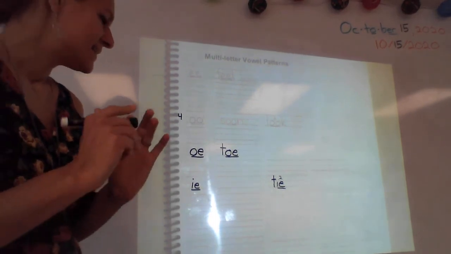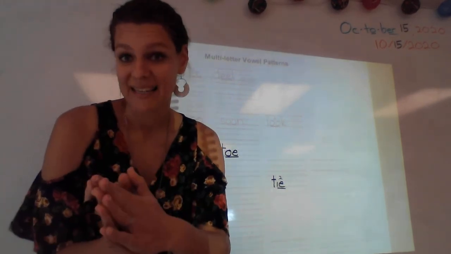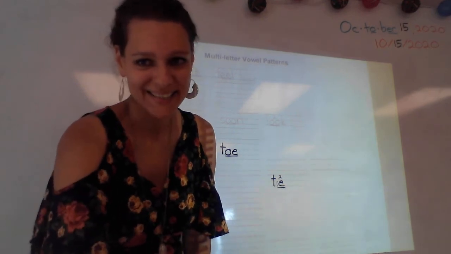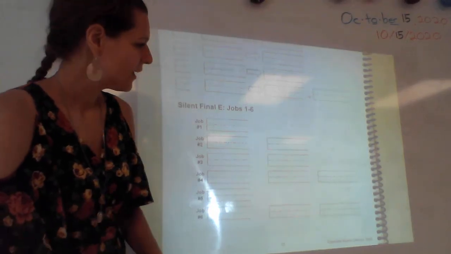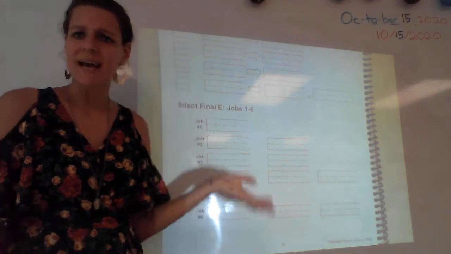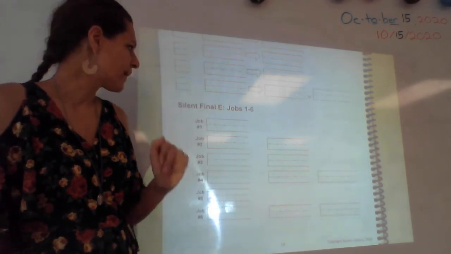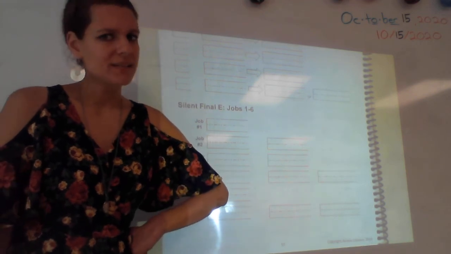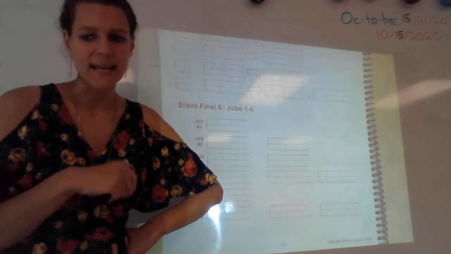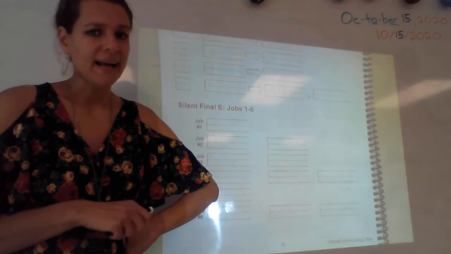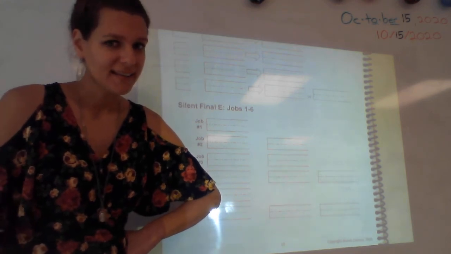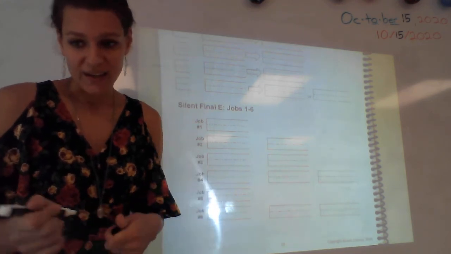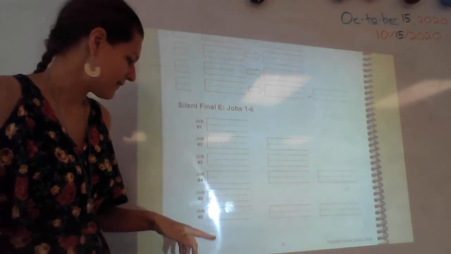All right, now I want you to go to page 10. Page 10. Here we are on our wonderful silent final E page. Let's see, we had an odd job E in one of our words today. That's job 6. Which word had an odd job E in it? Good, it was shoe, and that is job 6.